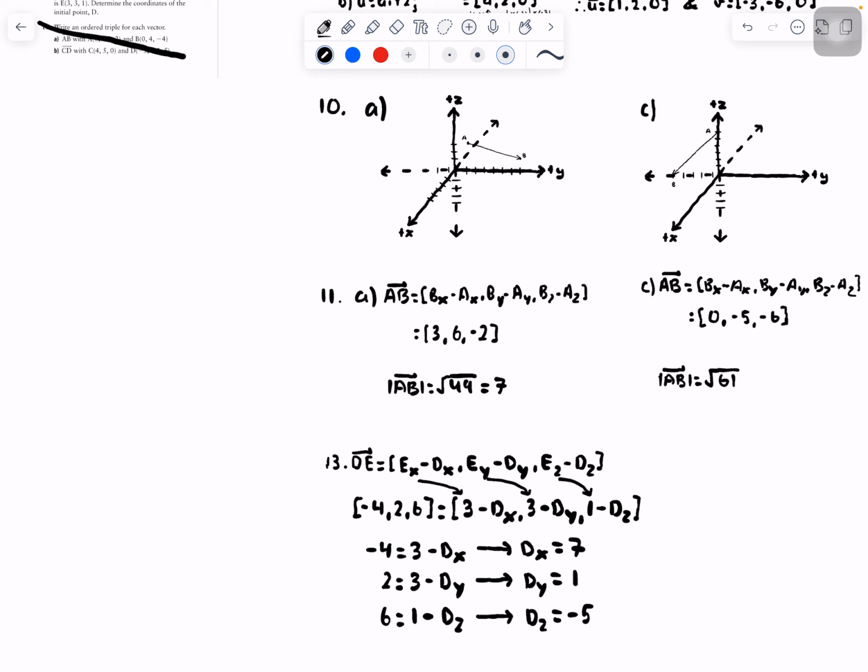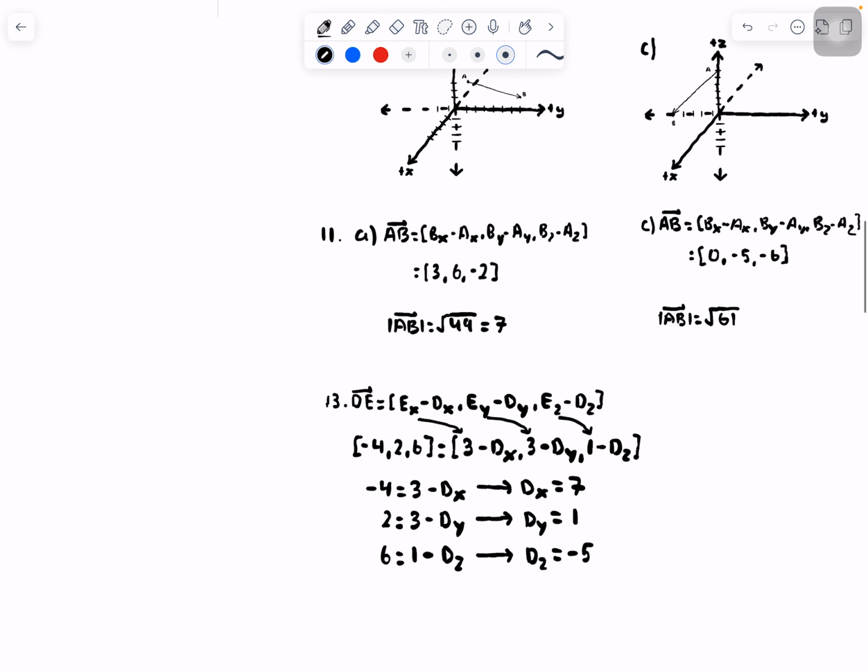Okay, and now I'm asked to find dx, dy, and dz. That's really simple, because now you can set up 3 equations based off of component equality. So note the word I used there, component. Each component must be equal, so 3 minus dx is equal to -4, right? 3 minus dy is going to be equal to 2, and then 1 minus dz will be equal to 6.